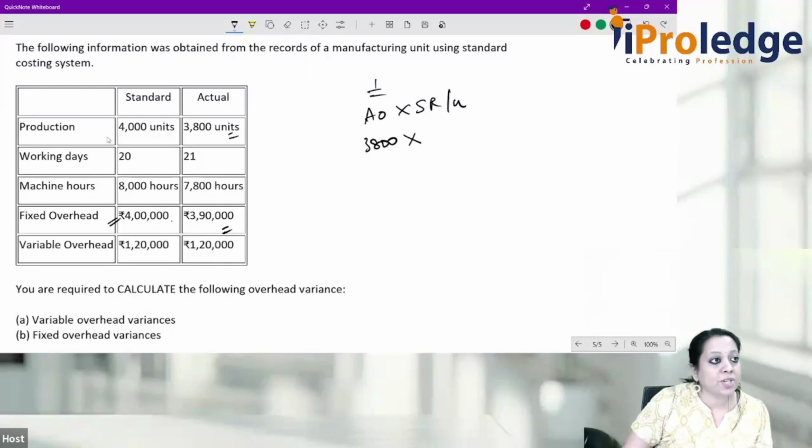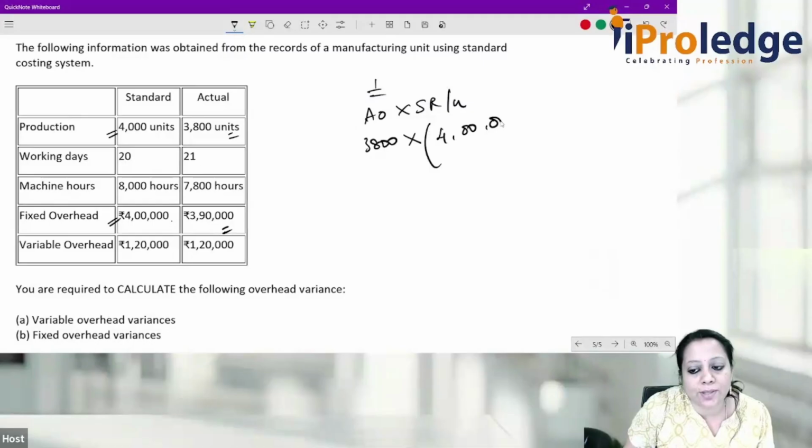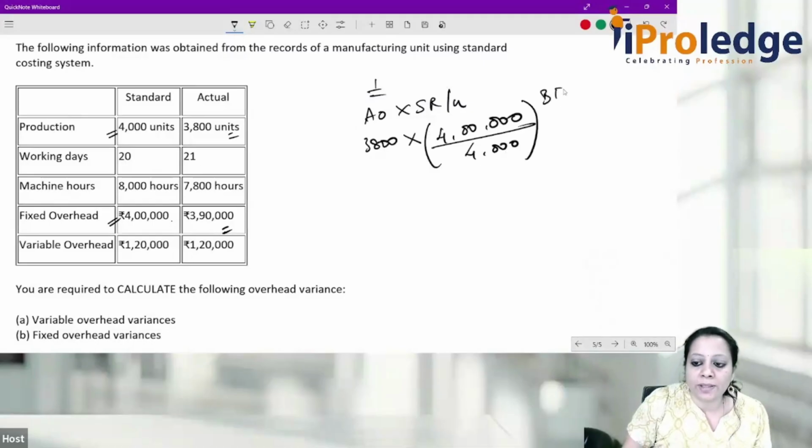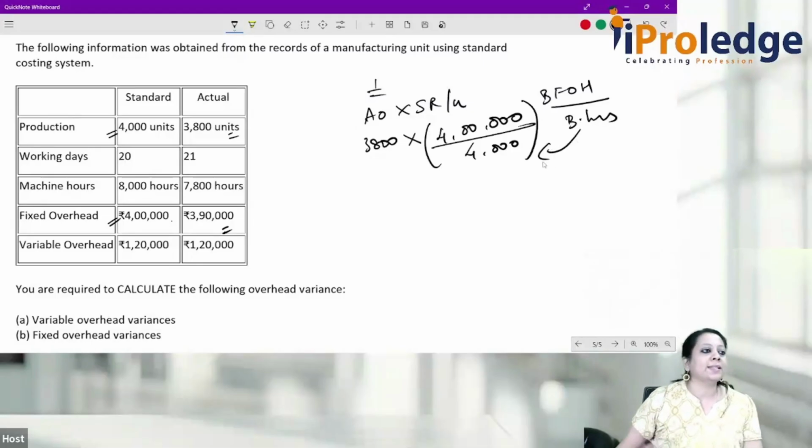So 4 lakhs divided by 4,000. BFOH divided by budgeted hours will give me the budgeted rate. Here I'm using it as the standard rate. Are you all understanding?